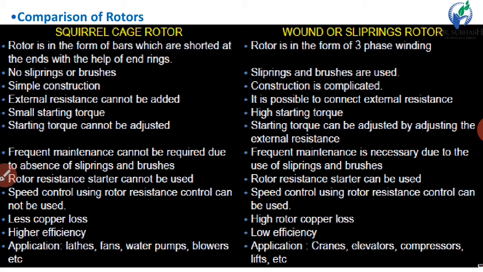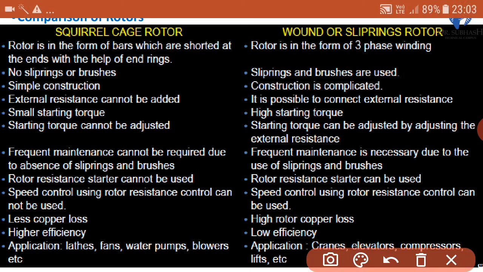So we can compare squirrel cage rotor and wound rotor or slip ring rotor. First point is, squirrel cage rotor is in the form of bars which are shorted at the ends with the help of end rings.